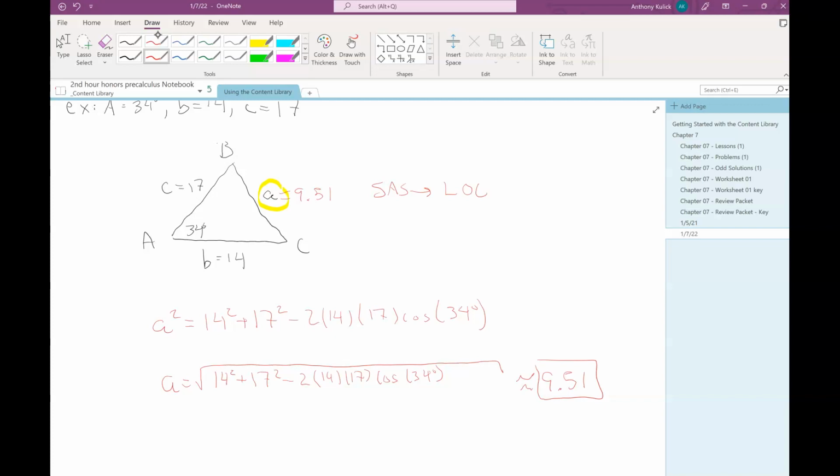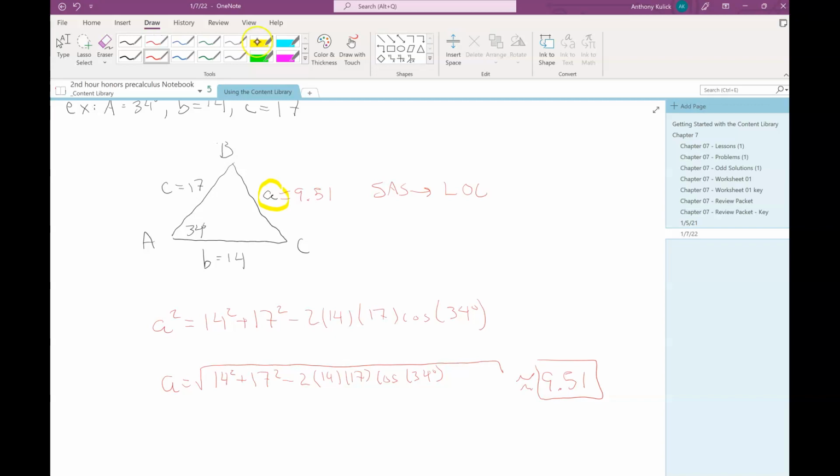To find angle B or angle C, I would use the law of sines because the formula is considerably less complicated than the law of cosines. You could use the law of cosines still. I would not, personally. Everybody's okay with that?